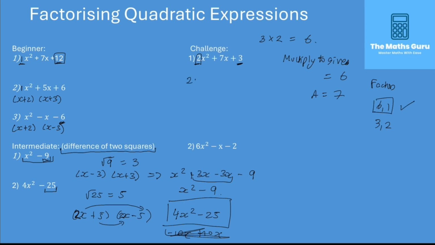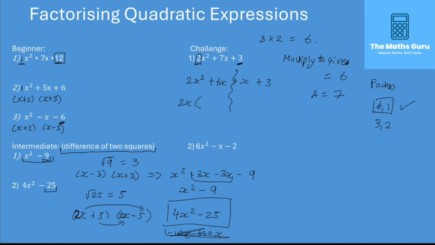So we keep the coefficient the same here, 2x squared plus our 6x plus our x plus our 3. Draw a line down the middle and factorize each side. We look at the common factor between 2x squared and 6x. We can take out a factor of 2x. I hope you can see that.